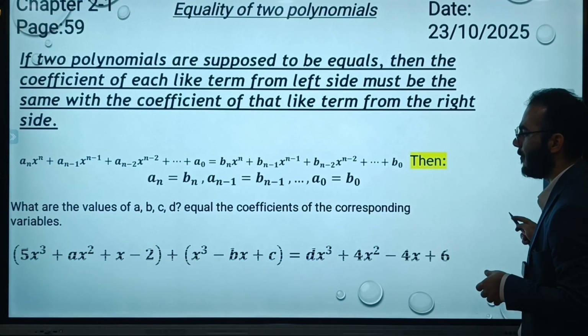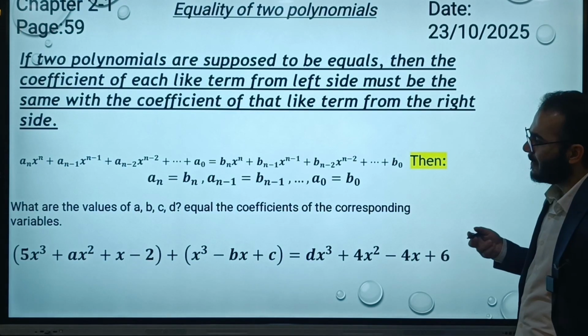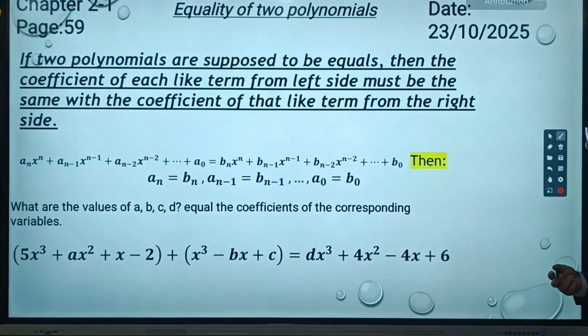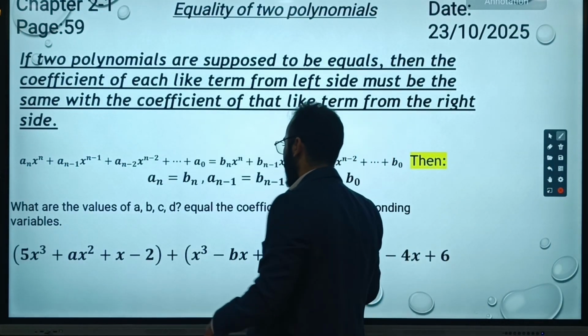This is the type of question: what are the values of A, B, C, and D? Forget about the second part.